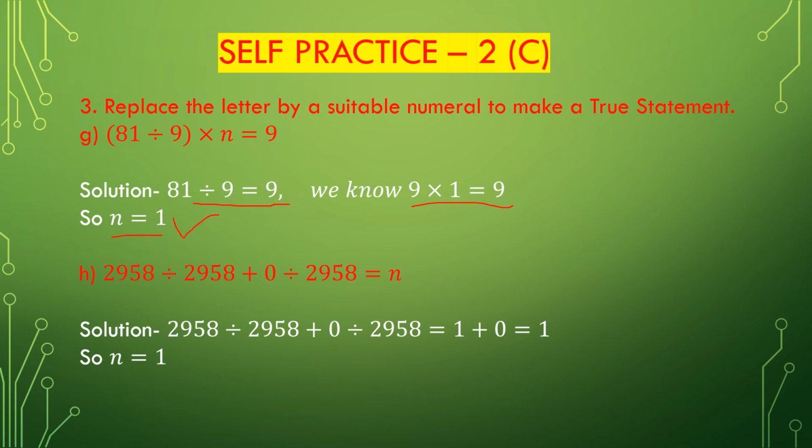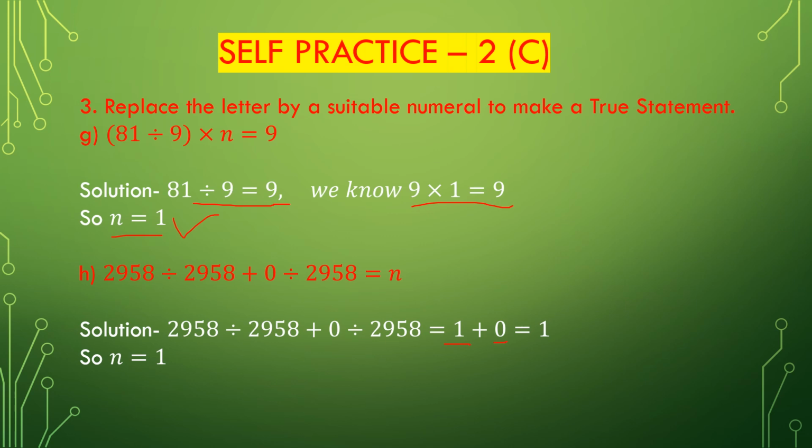Then part h: 2958 divided by 2958 plus 0 divided by 2958 equal to n. Division has higher priority than addition, so we first perform the divisions. 2958 divided by 2958 we get 1.